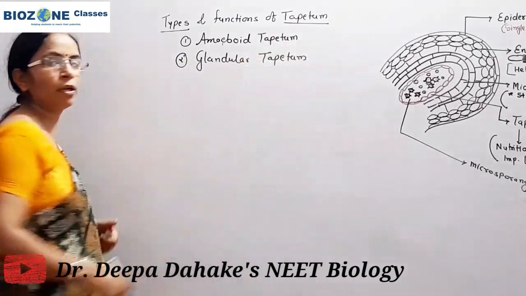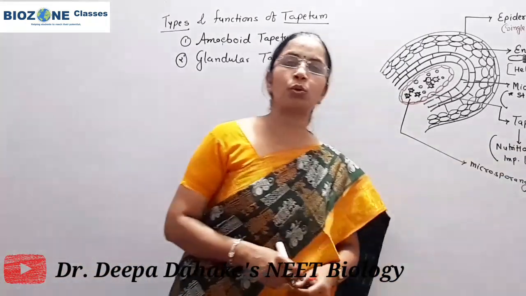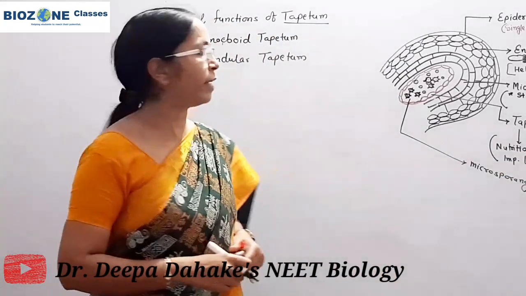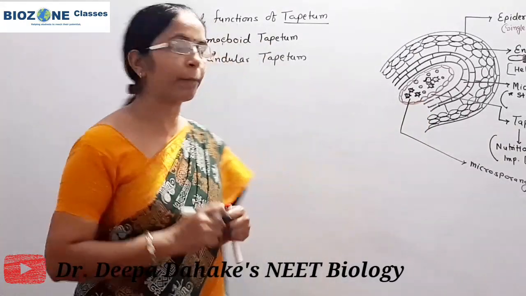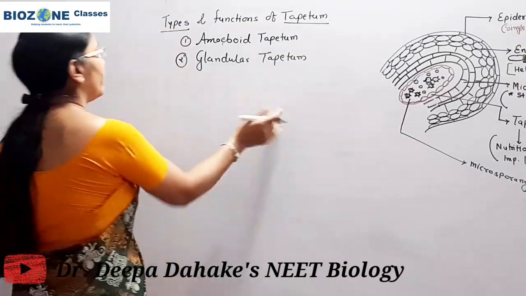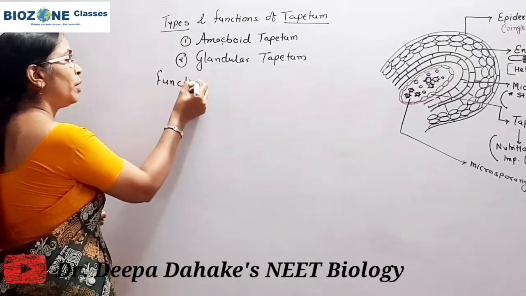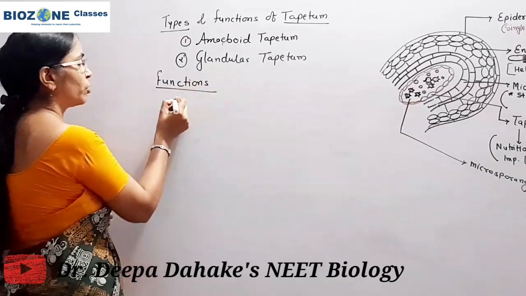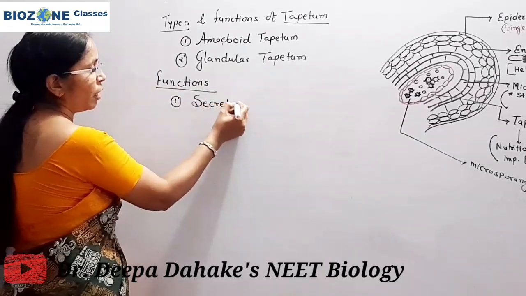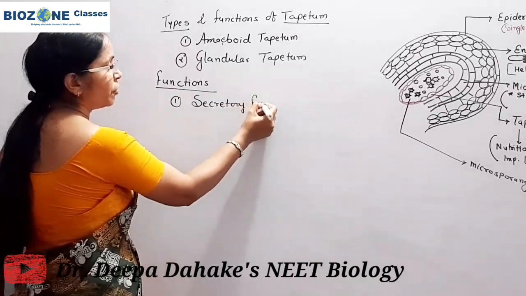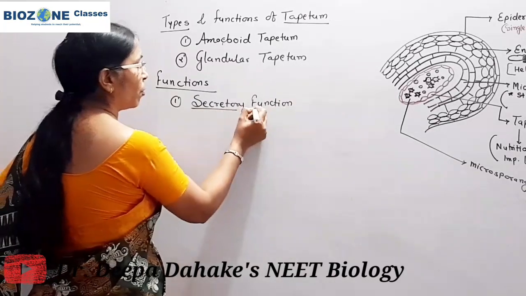The amoeboid tapetum is the tapetum which shows a ploidy level change, and it is a multinucleate tapetum. Now when we discuss the functions, the first function is secretory. The secretory functions of the tapetum are more important.